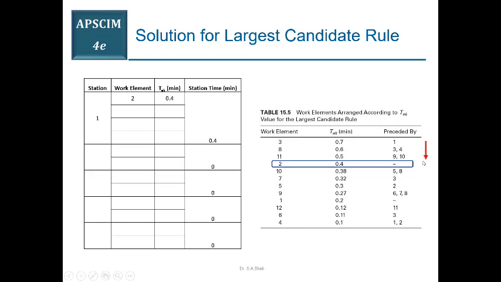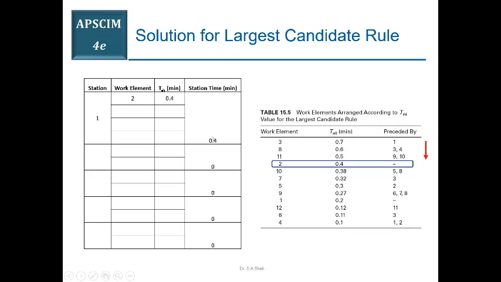So go back to the start of the table and then again look for the second feasible element that you can assign. So now I can assign that element which will either be independent, that is, it will have no predecessor, or the element whose predecessor is 2. And the second restriction is that of our time.